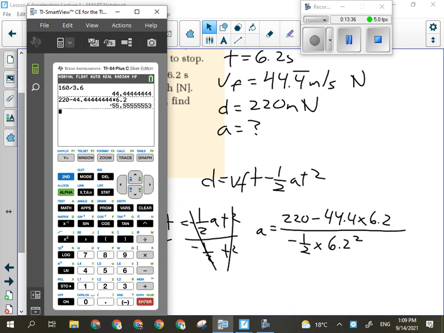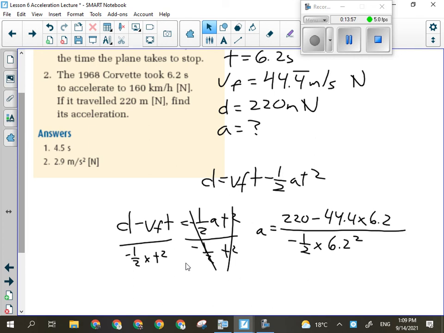So I've got a negative number on the top, and that's okay because I'm going to get a negative number on the bottom as well, divided by negative 0.5 times 6.2 squared. So the acceleration is going to be 2.9 meters per second squared, north. So a bit of a tricky manipulation.